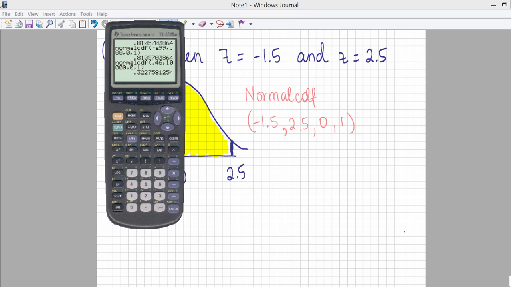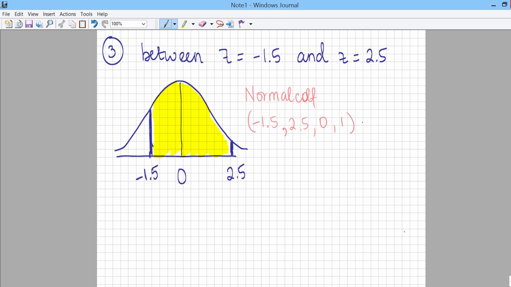So we go second variables, plug in these values, negative 1.5 up to 2.5, 0, 1. And we get almost all of it, and it's not surprising. 0.927, right? Okay, that would be your answer here.